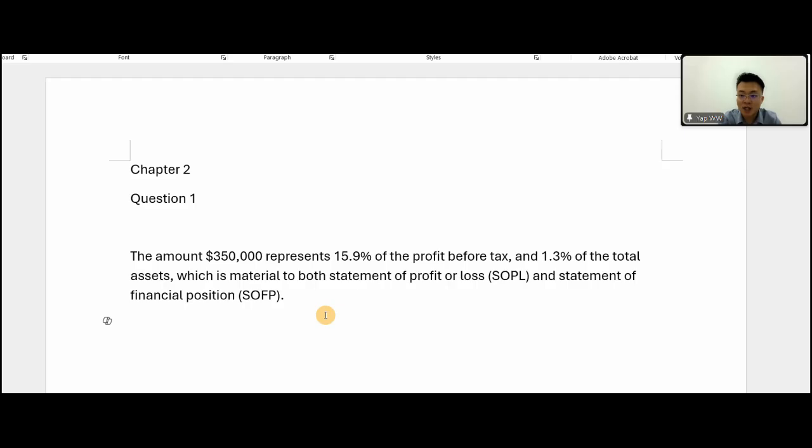That will be one professional mark. This calculation will gain one professional mark: the calculation and also the comment whether it is material or not.